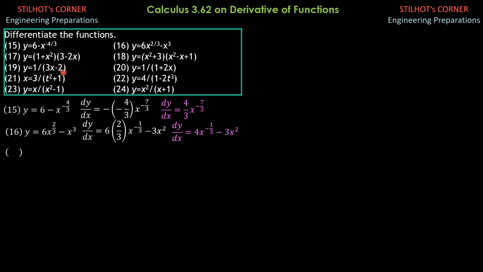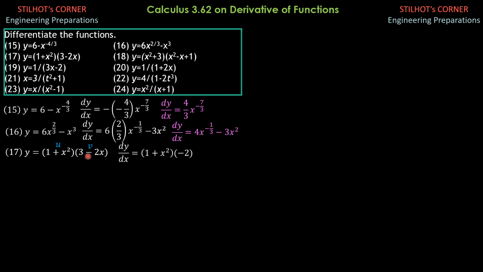Number 17, this is derivative of product. So I will call the first function as u, the second as v. And remember that the derivative of product is first u, derivative of v with respect to x, plus v, derivative of u with respect to x. So this is dy dx is 1 plus x squared times negative 2. The derivative of the second function is negative 2 with respect to x.